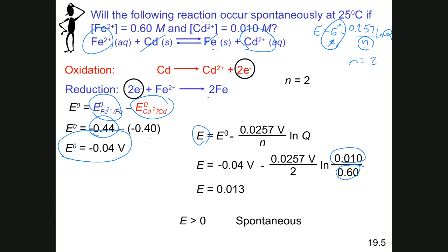The value for E is positive, and if the value is positive, that means the reaction is spontaneous. So even though E0 is negative, changing the concentration can affect this reaction. Basically, you're increasing the concentration of the reactant, and that is going to make the reaction spontaneous.